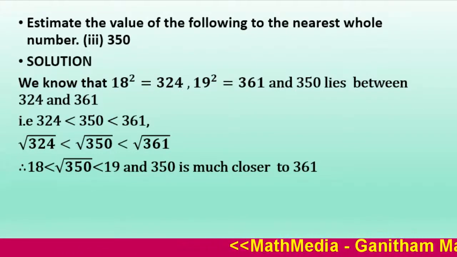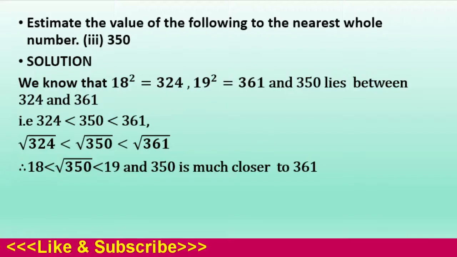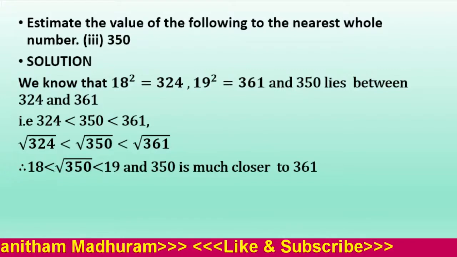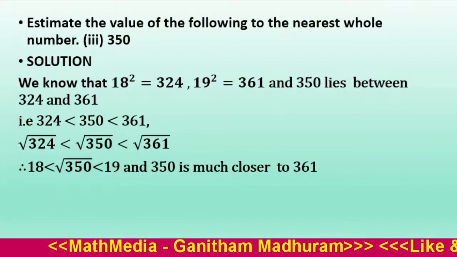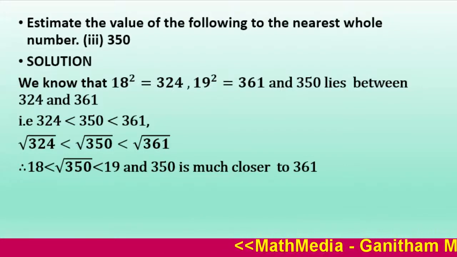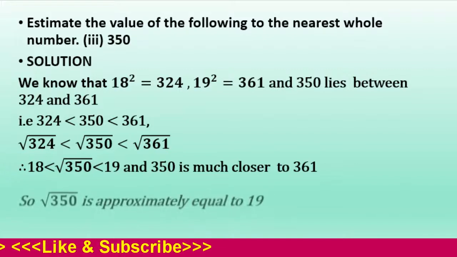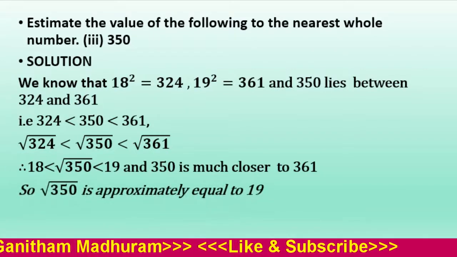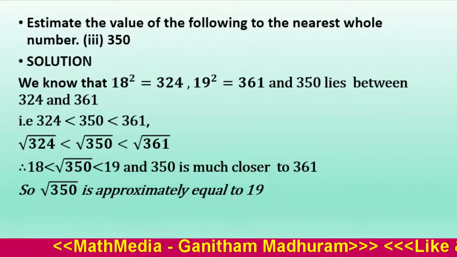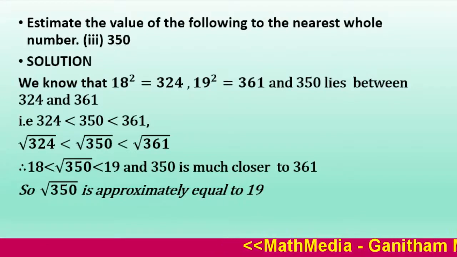It is understood that 350 is much nearer to 361. Hence, the approximate square root to the nearest whole number we are taking as the square root of 361. So, square root of 350 is approximately equal to 19. Now we move to the next question.